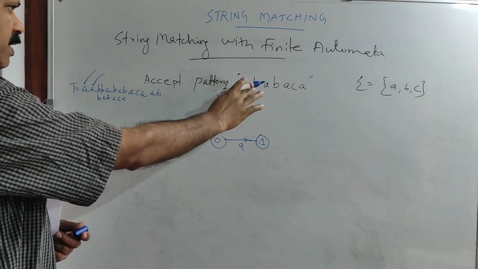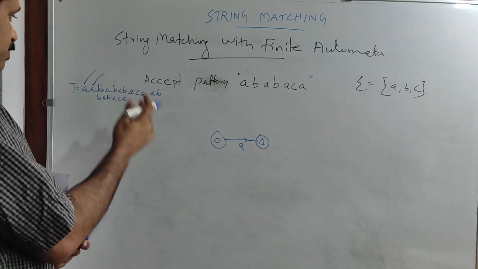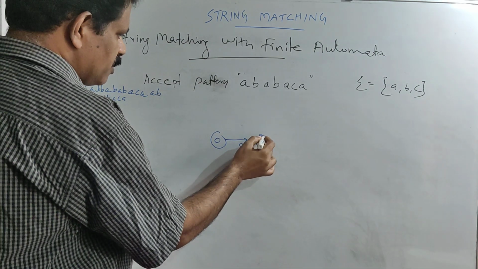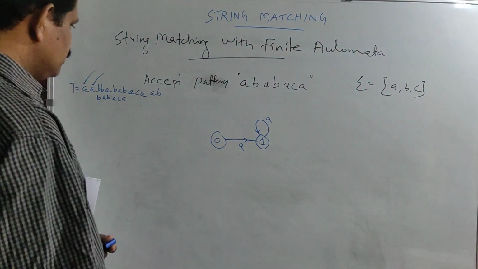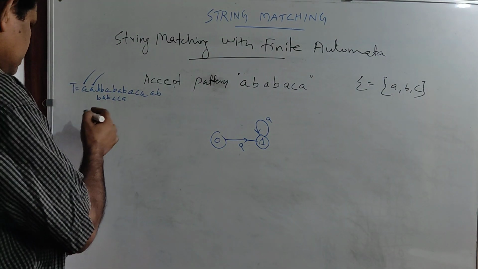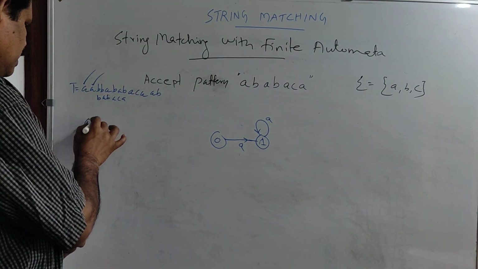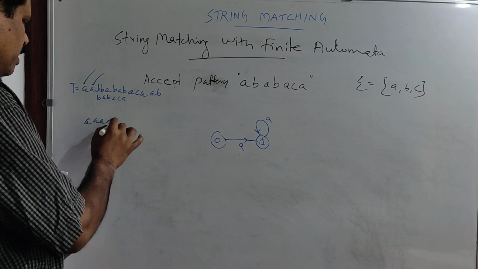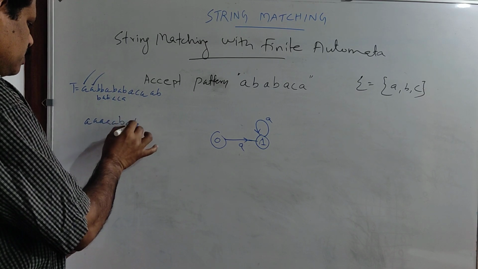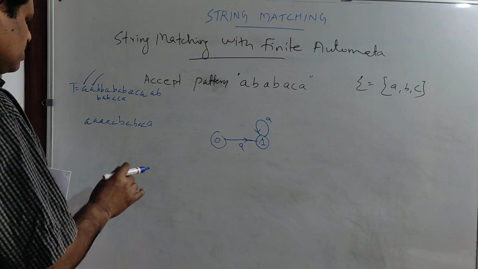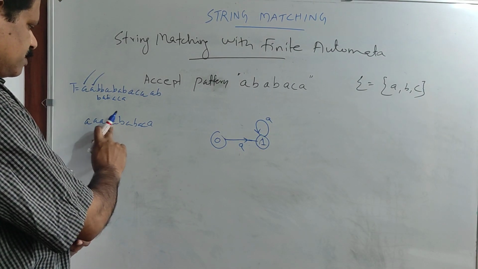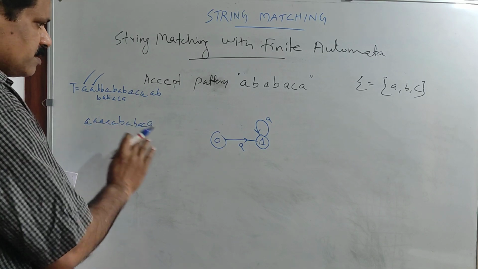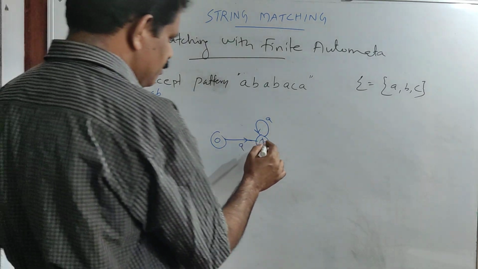That is the expected pattern A B A B A C A. So it should remain in the same state on receiving an A. The structure may be something like this: so many A's, then A B A B A C A. So it should remain in the same state. It has received the initial A's. Then it is receiving a B.